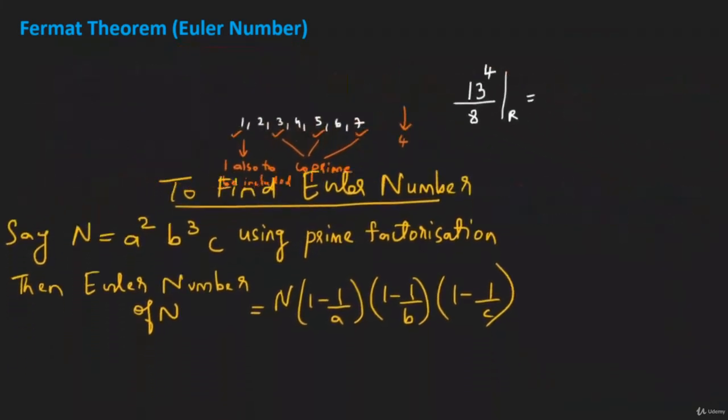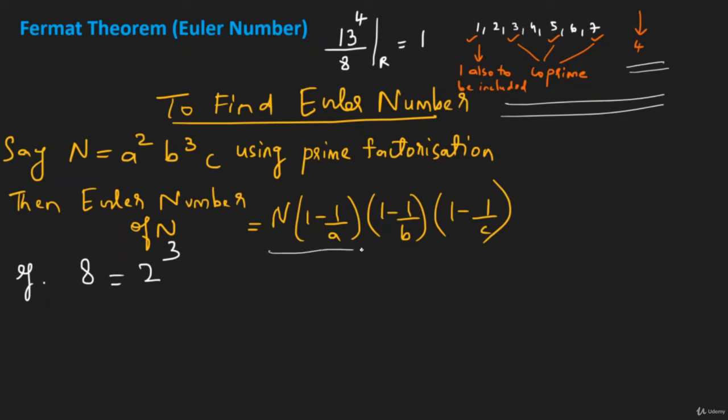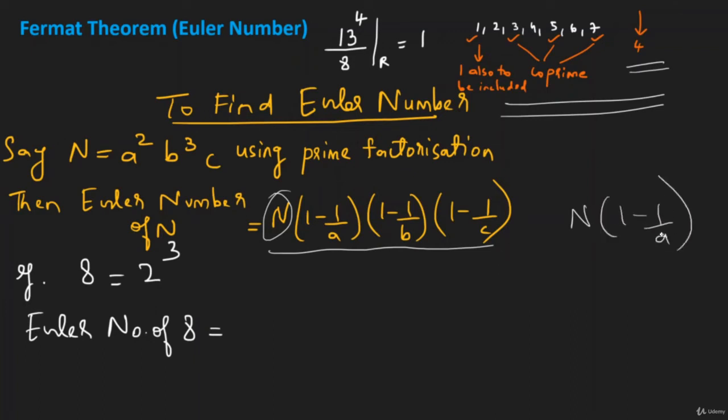Let's try to apply this formula in the case of 8. We already know that the Euler number of 8 is 4, and we have seen how, with a manual method, we were able to arrive at this. Now let's find the prime factorization of 8. So 8 is equal to 2 cube. Therefore, as per this formula, the Euler number of 8 is n, which is 8, and it has only one prime factor, so you'll just have n into (1 minus 1 by a), where a is 2.